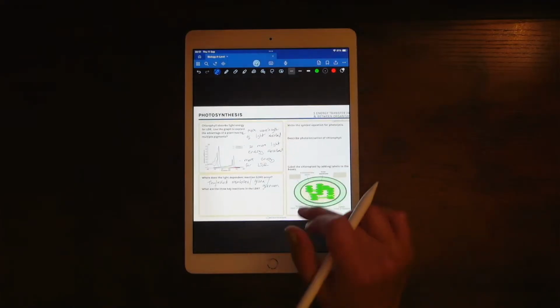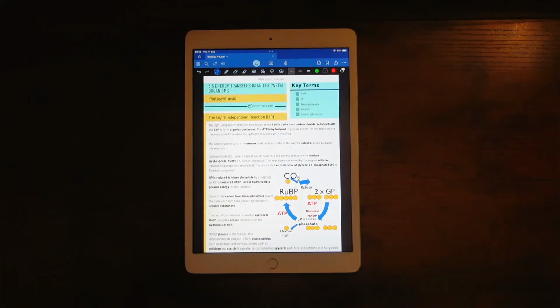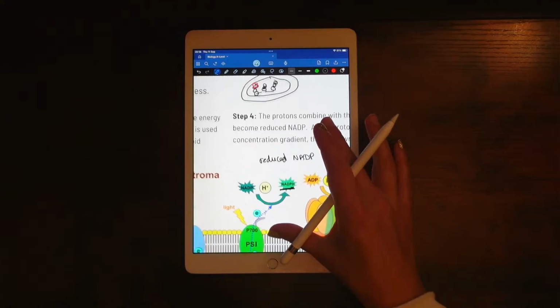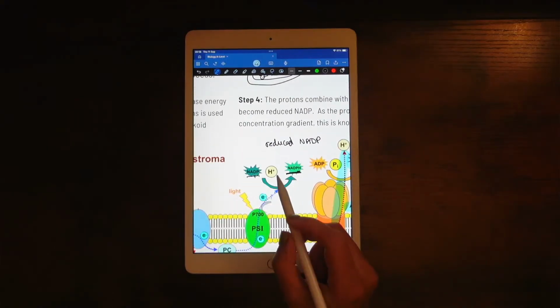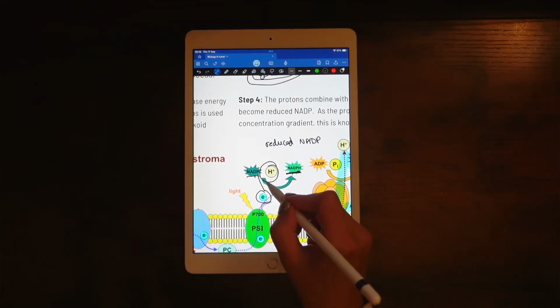And you've said, how does it pick up electrons? Let me go back to the original question: how does NADP carry electrons if it's only H plus? Okay, so it's not actually just H plus that it picks up. NADP is picking up this electron and this proton.